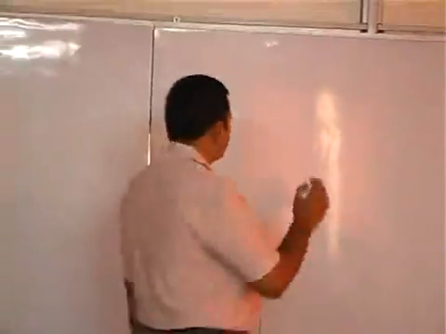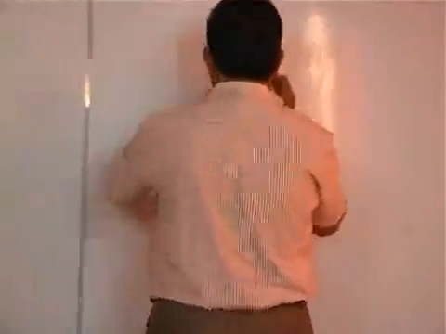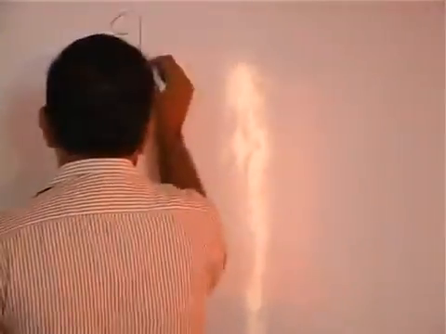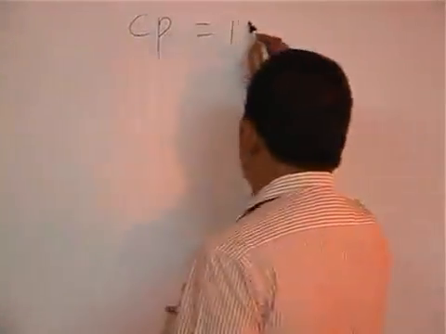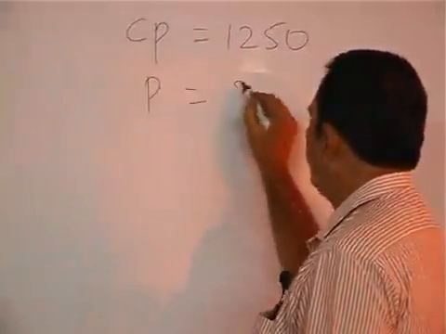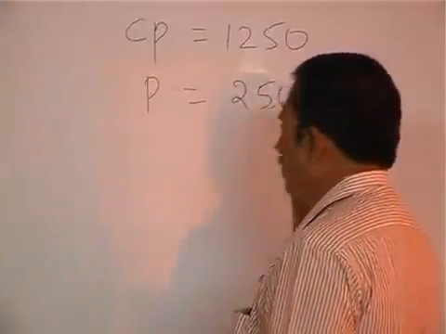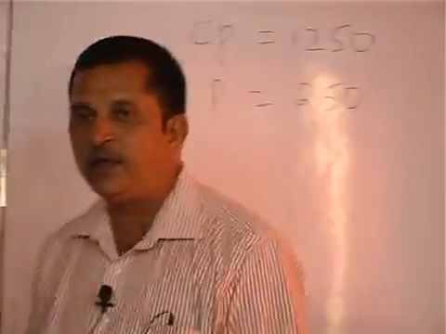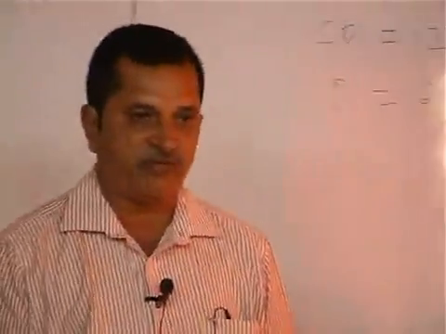Find the percentage of profit. See here, cost price of an article is 1250 and the profit earned is 250. Find the percentage of profit.